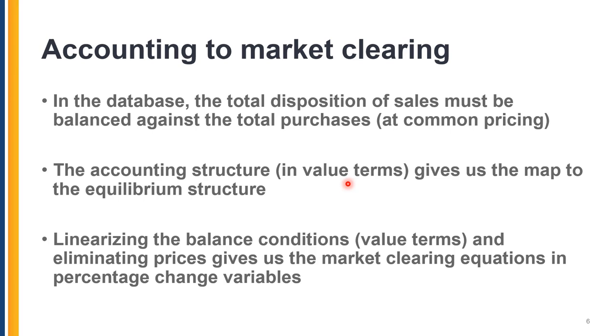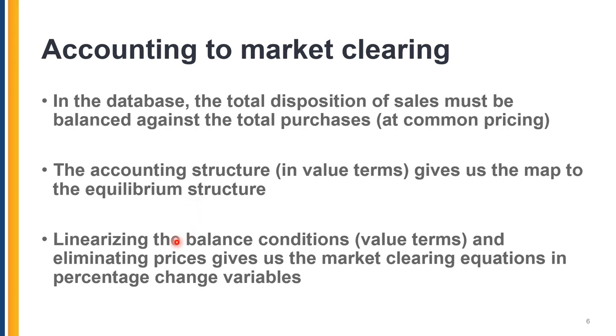And then in GTAP, you've already seen we have a lot of percentage change equations, so we're going to rewrite that equilibrium structure in percentage change and get those changes as variables to understand the adjustments. It would be one thing to just look at the two databases and compare the level changes, but what we're really interested in is that sort of elasticity or GE type analysis: where are the big changes, where are the responses to these shocks.